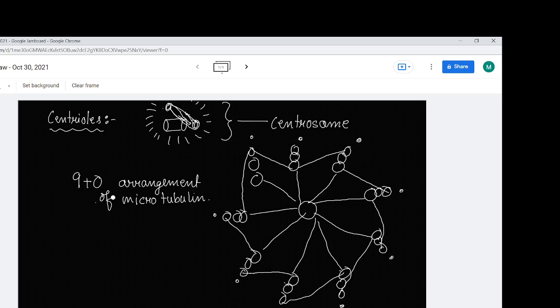Now that you have understood about the centriole, let us discuss the structure of flagella. The structure of cilia and flagella is very similar to each other, so we will take them up together. We are going to discuss the filament portion of the cilia and flagella.